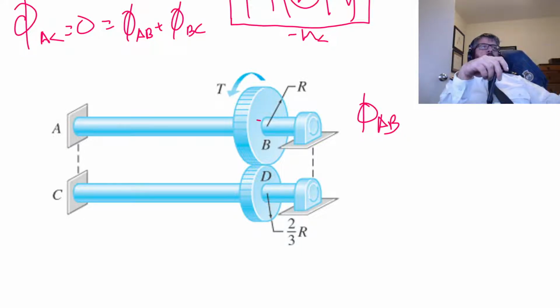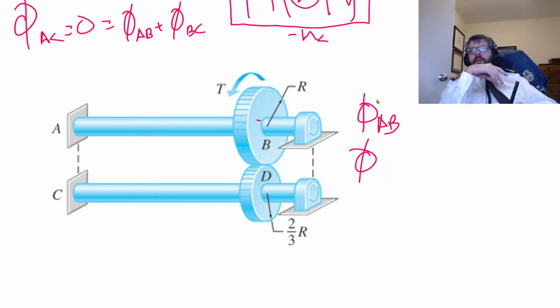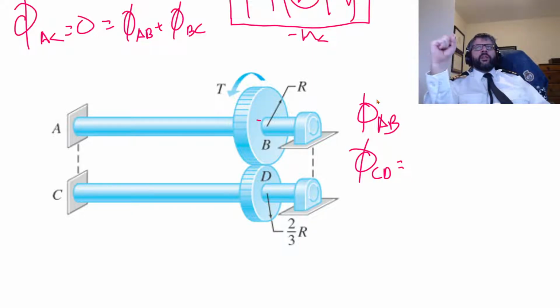Based upon the gear ratios that we've got, we know that the twist in CD needs to be more than the twist in AB.